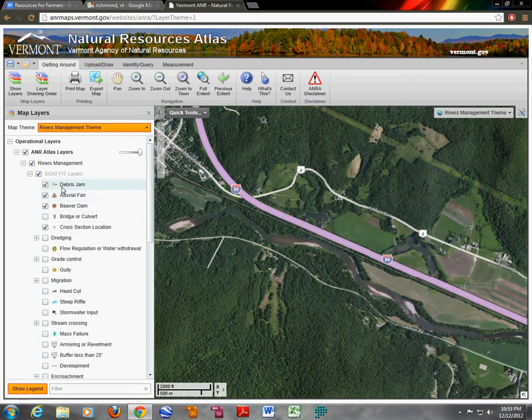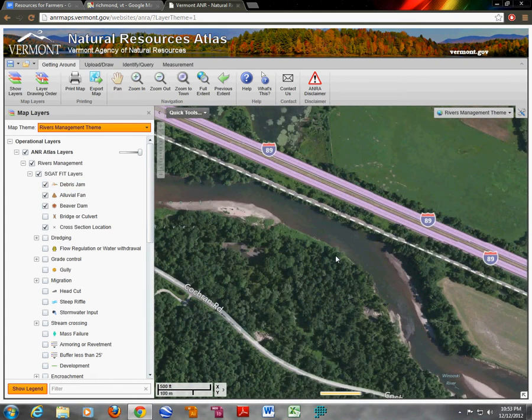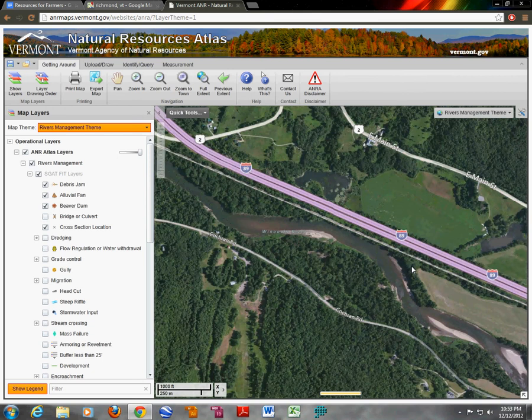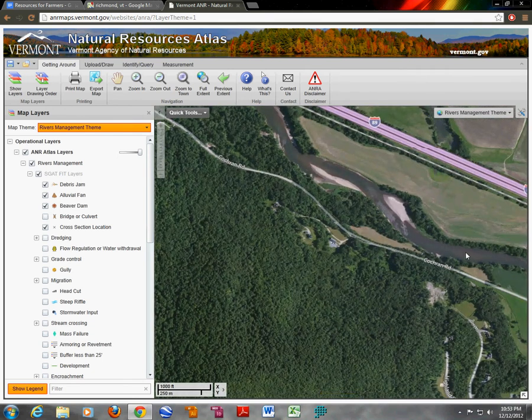Mainly the beaver dam and the debris jam show where the river channel is blocked. Down here by Beth's property, this is the main stem of the Winooski, so it's pretty big. It's not like a beaver's going to come over here and dam up the whole river, or even just part of the river. So we're not going to see very many of those.